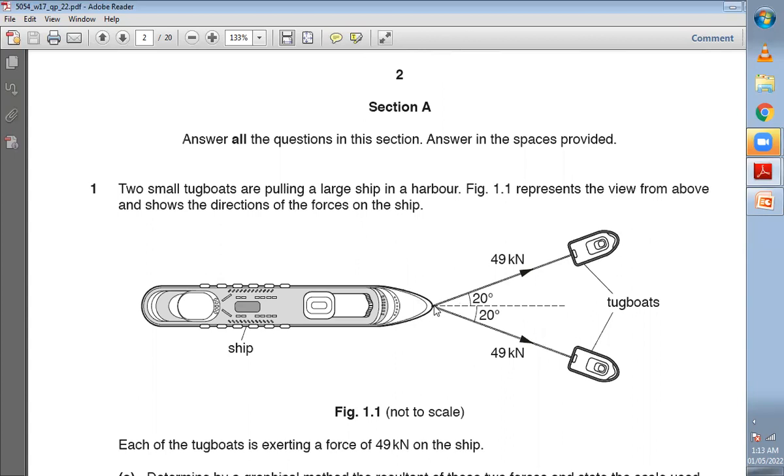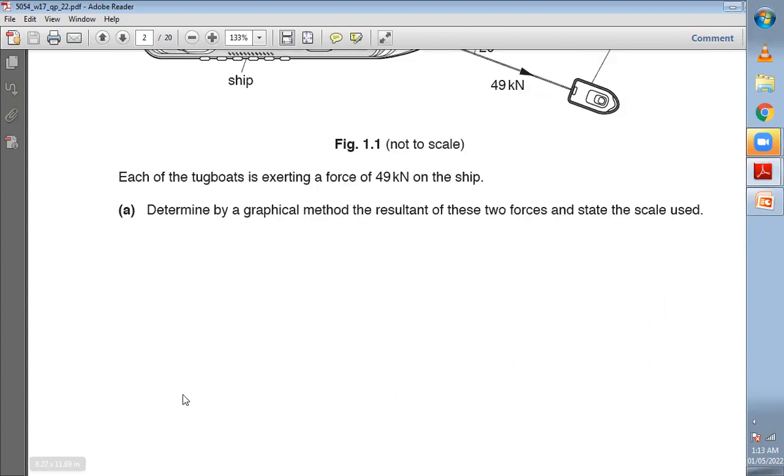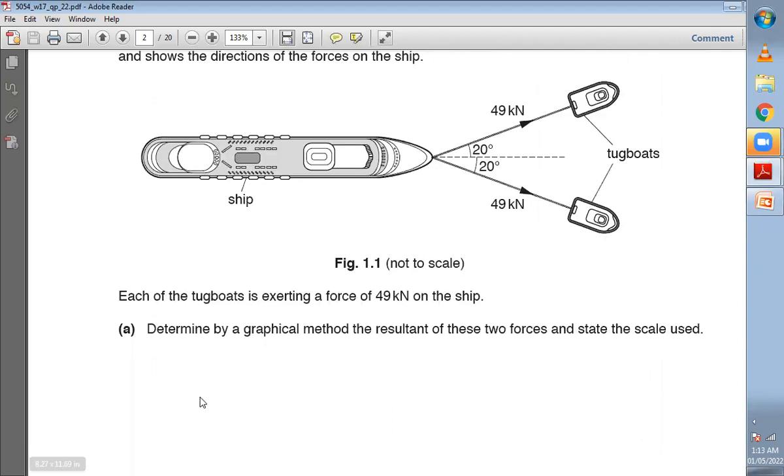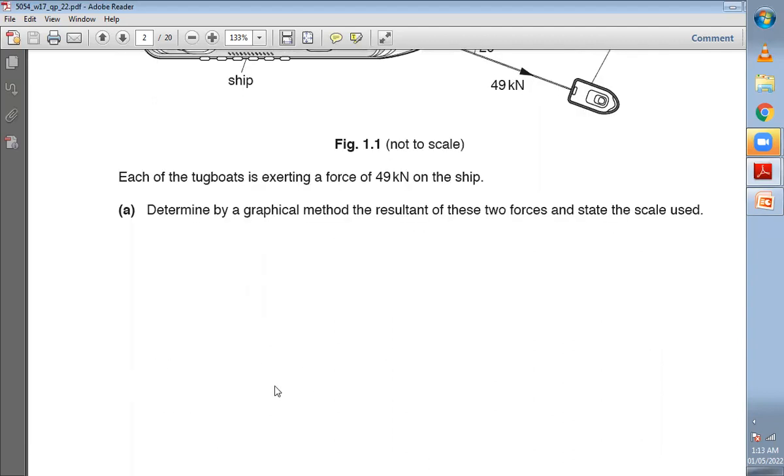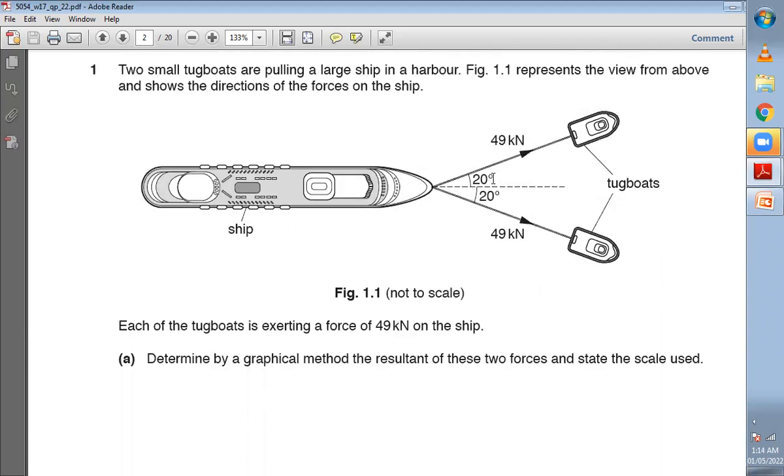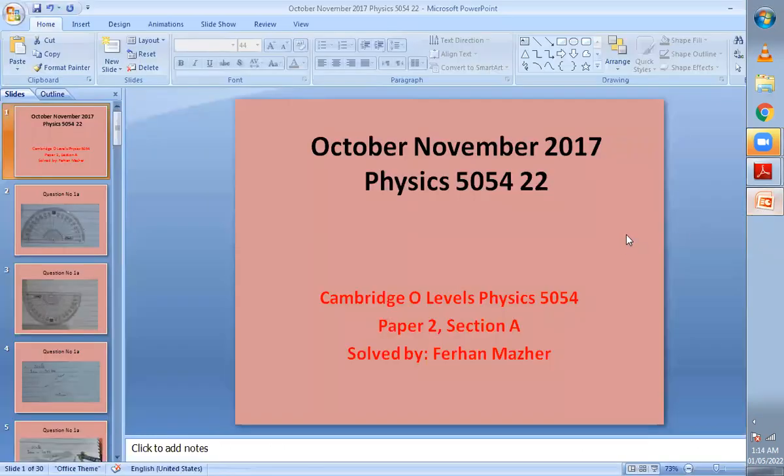So what I will do, on a white paper, if you have a hard copy, you put a dot here, and then you draw a horizontal line towards the right, and you put a protractor here and you measure 20 degrees above that, 20 degrees below that, and then I will, according to the scale, draw these lines. Let me show you my work.